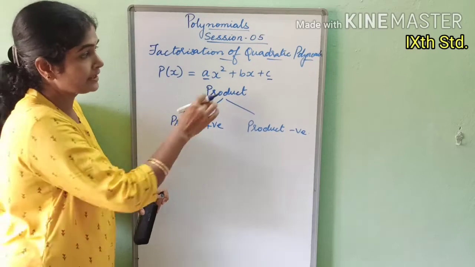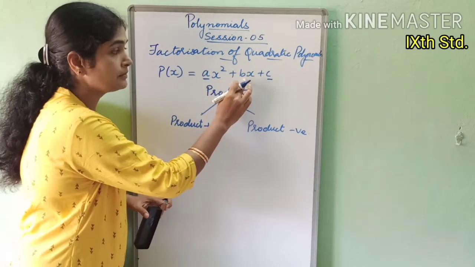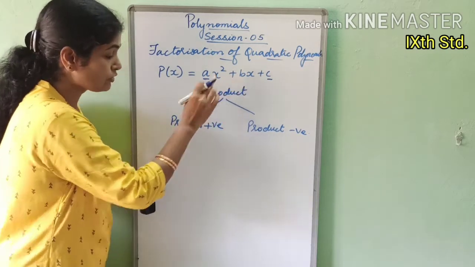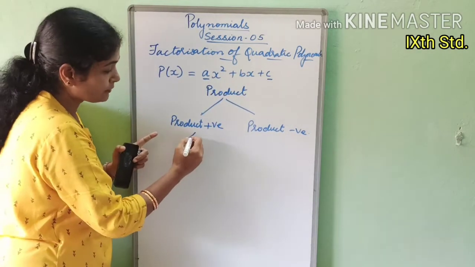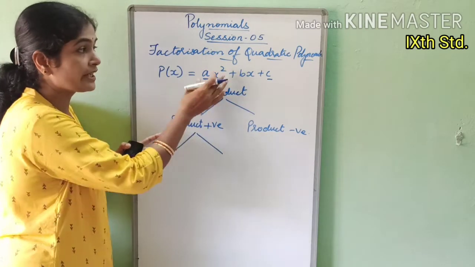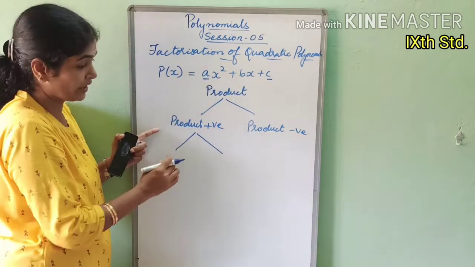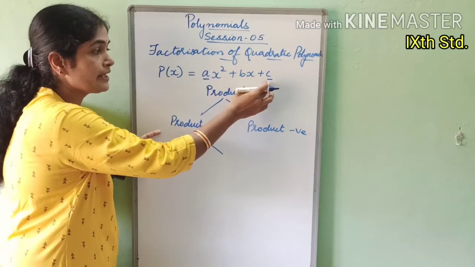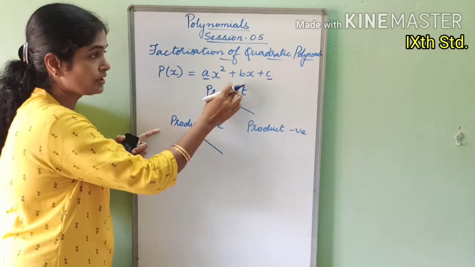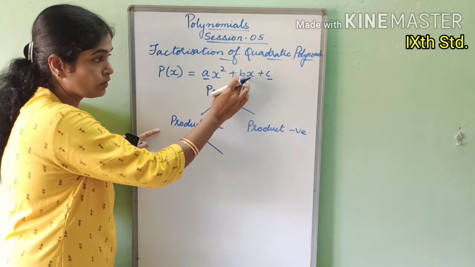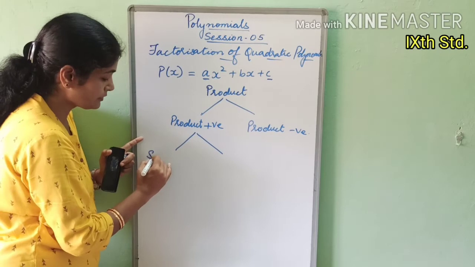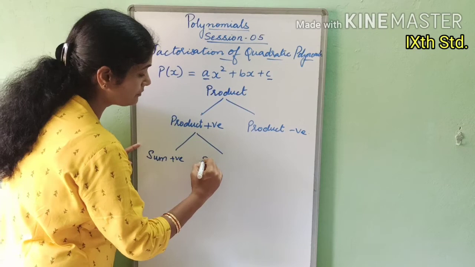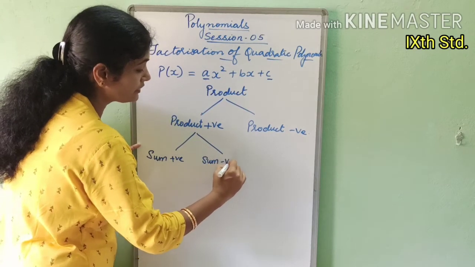Now just focus on the sum. Sum sometimes can be positive or negative. So if the product is positive, the quadratic polynomial may again be of two types depending upon their sum: sum is positive, or sum is negative.